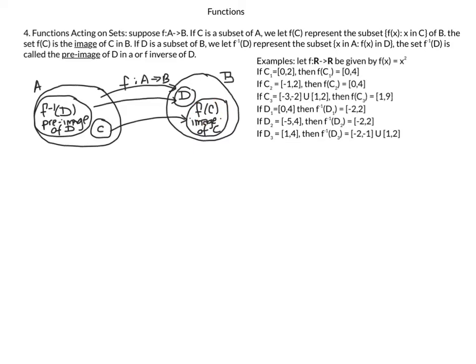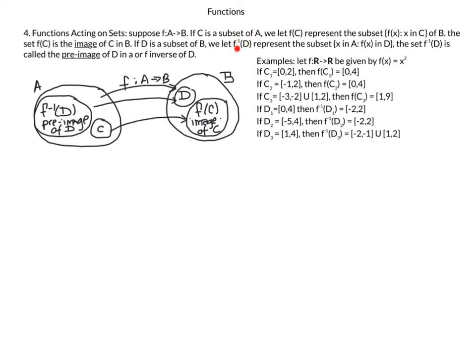Now, if we consider D a subset of B, so here's my subset D, we let this pre-image of D, and the notation looks like f inverse of D, and that's not a coincidence. However, it's really important when this D is not an element of B, but is actually a subset of B, that you call this pre-image. There is an important reason for that, and we'll talk about that later.